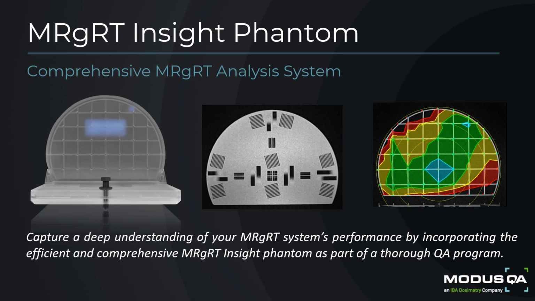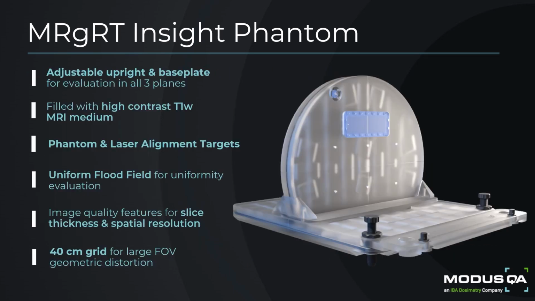The intention behind the Insight Phantom is for physicists to capture a deeper understanding of the MRgRT system's comprehensive performance and systems integrity, but in a far more efficient manner, as it can enable you to complete the majority of your daily or periodic QA testing in just a single 5-minute acquisition. Now that is admittedly a bold statement to make, and you may be wondering, how does the Phantom do this? Well, let's go through the Insight Phantom's design step by step.